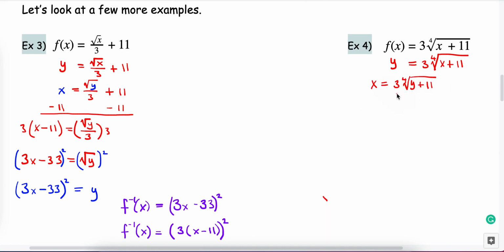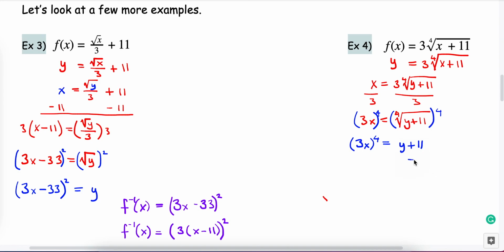So divide both sides by 3. We get x over 3 equals the 4th root of y plus 11. And now we're not going to square both sides, we're going to raise both sides to that index of 4. And so now we've got x over 3 to the 4th power equals y plus 11.